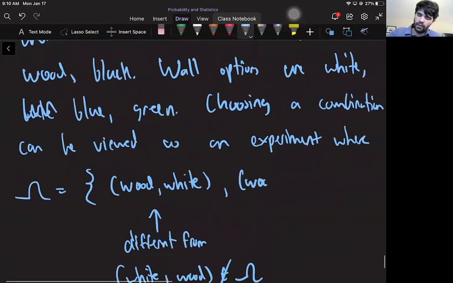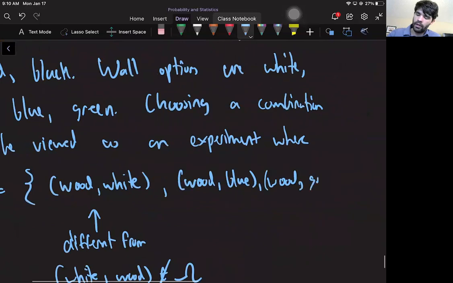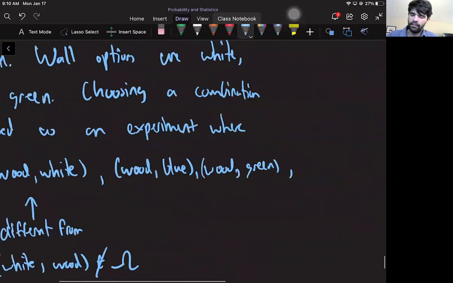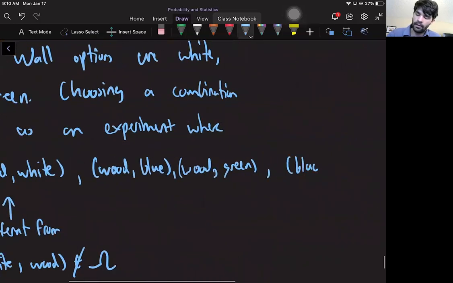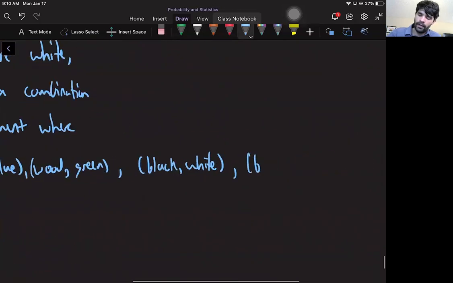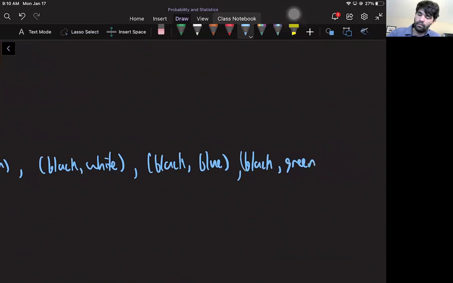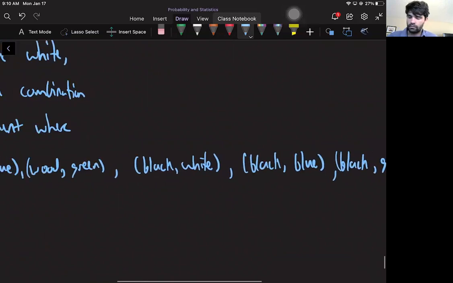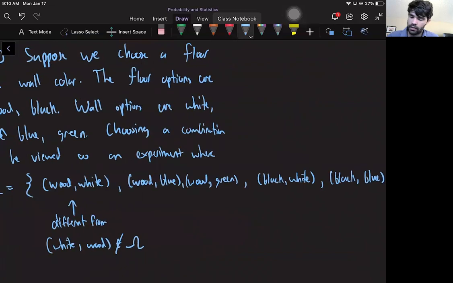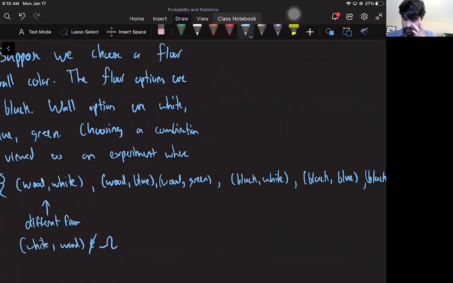What's another? Well, you could have wood, comma, blue. You could have wood, comma, green. And then you could have the same three, but now with black as the first coordinate. So you could have black, comma, white. You could have black, comma, blue, and black, comma, green. So these are the 6 elements in here. 1, 2, 3, 4, 5, 6.